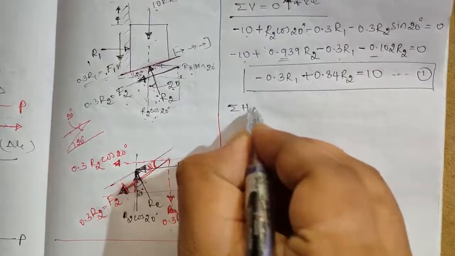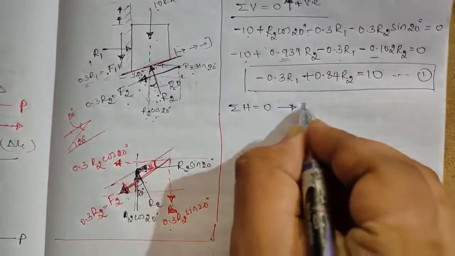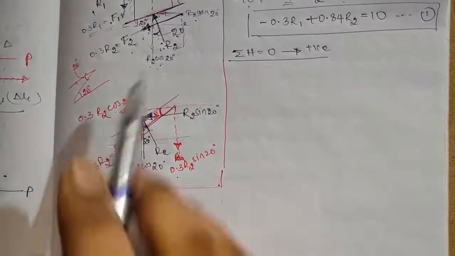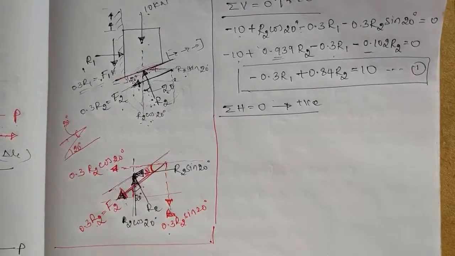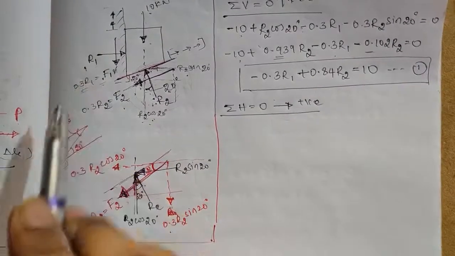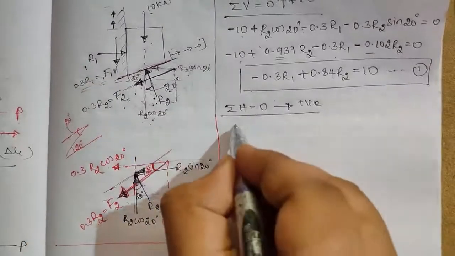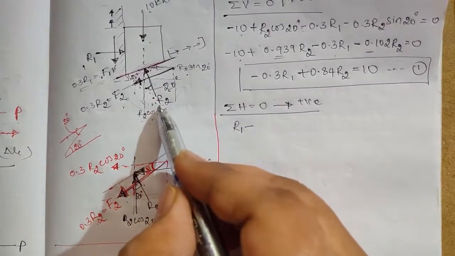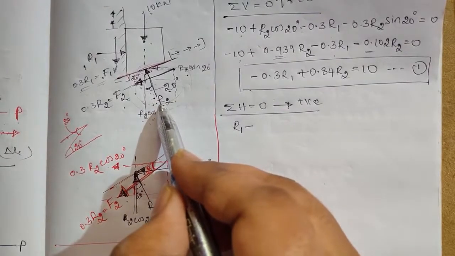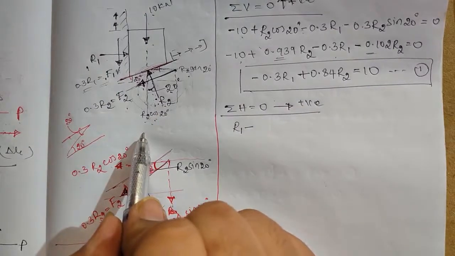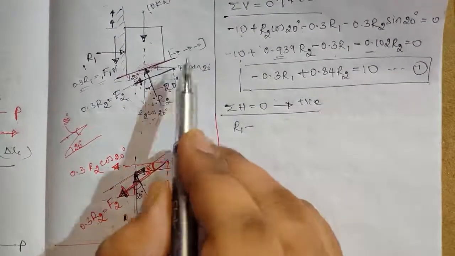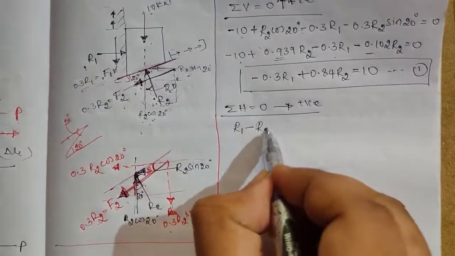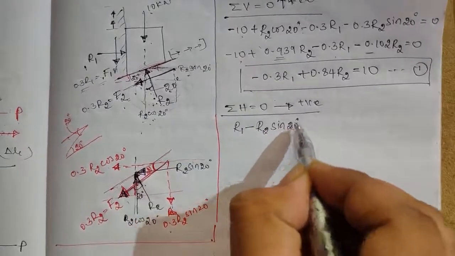Now I'll take the horizontal forces equal to 0, taking left to right as positive. What are the horizontal forces? First take the directly horizontal one to avoid confusion. R1 is there. Then the R2 horizontal component: I already wrote the vertical component, but this direction is right to left, so it will be minus R2 sine 20 degree.